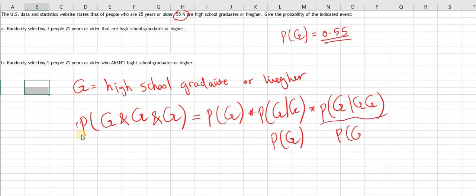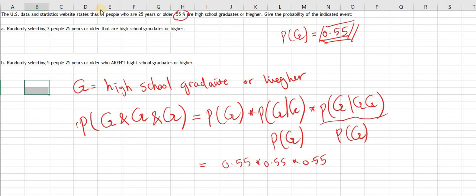So the answer here is simply going to be 0.55 times 0.55 times 0.55, and we are able to assume independency because we are given the probability from the beginning. If this is not the case, we cannot assume independency.